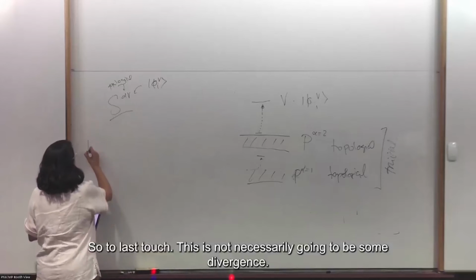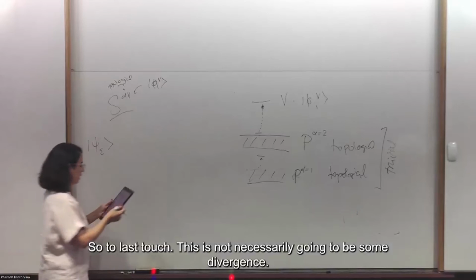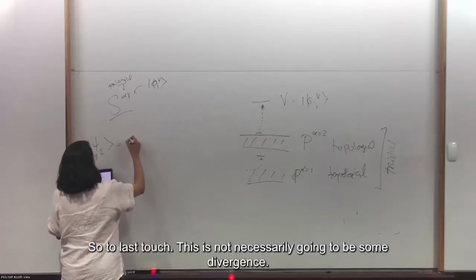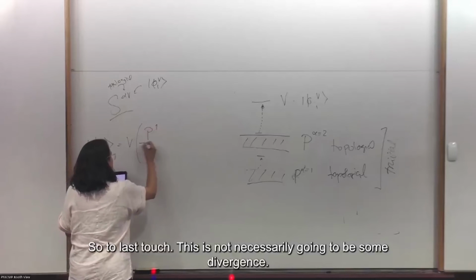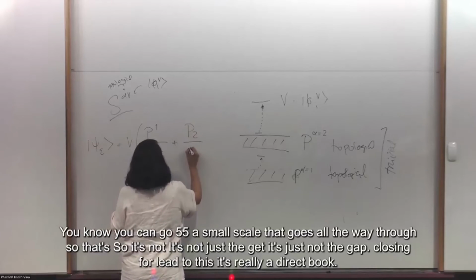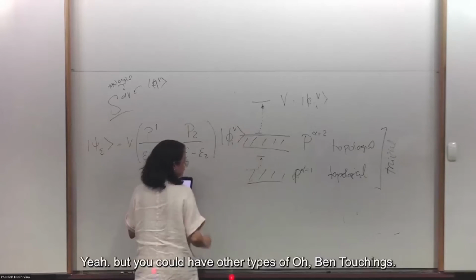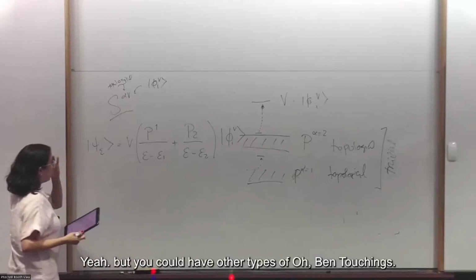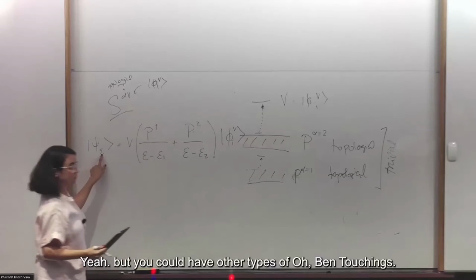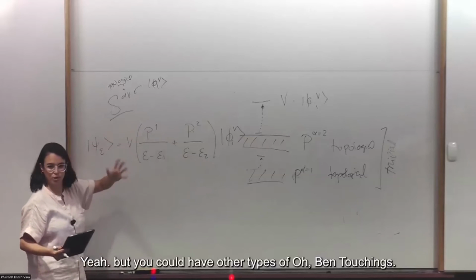So let me write again. All of the bound states are going to have the exact same structure. So that's going to be written in this form: in this space of V, P1 over E minus E1 plus P2 over E minus E2, acting on this state V. So before we said that the energy of the state was very, very large, so this E1, E2 didn't matter, and we just had V over E, which was about 1.